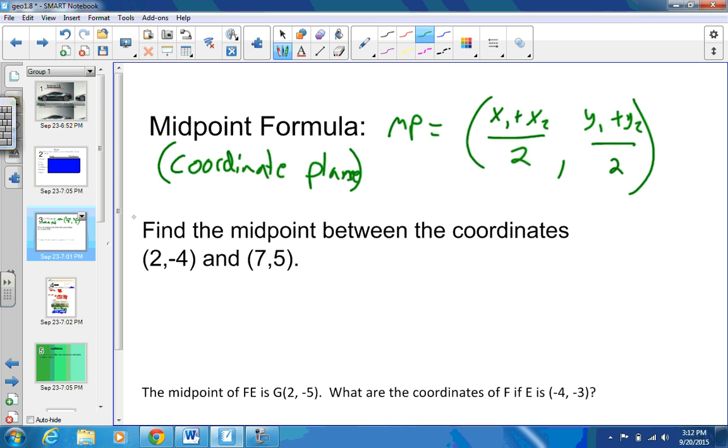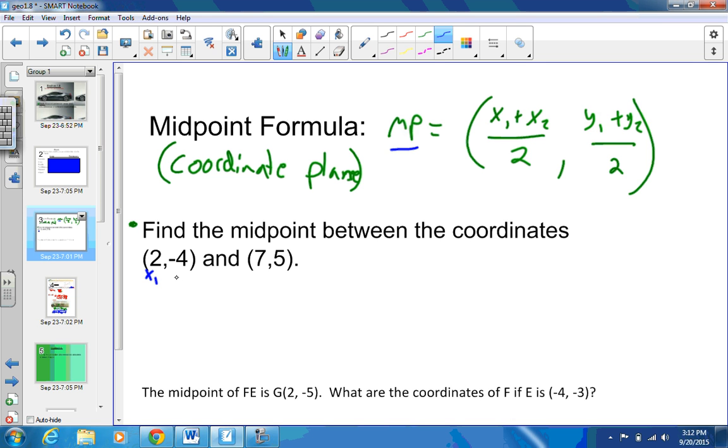So an example here, find the midpoint between the coordinates (2, -4) and (7, 5). I don't recall if we did this one or not. If we did, awesome. If we did not, even better. But let's just plug this in so you can maybe review how to do this. If you're using the formula, you're just plugging in. It does not matter which one is your x1 or your y1.